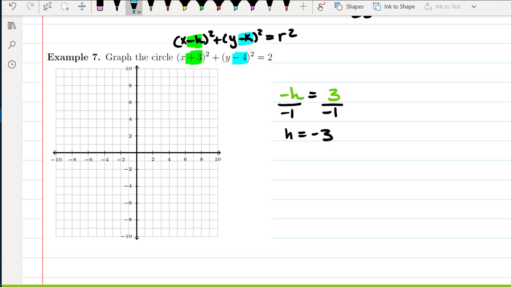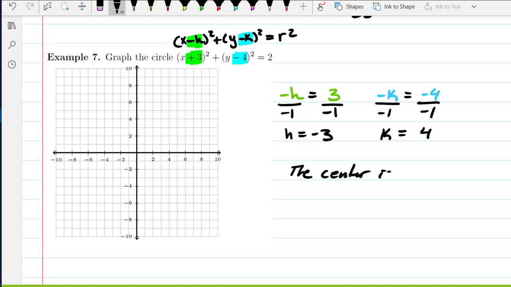Similarly, I have negative k is equal to negative 4, and if I divide both sides by negative 1, that gives me k is equal to positive 4. The center is at (h, k), and my h is negative 3 and my k is 4.